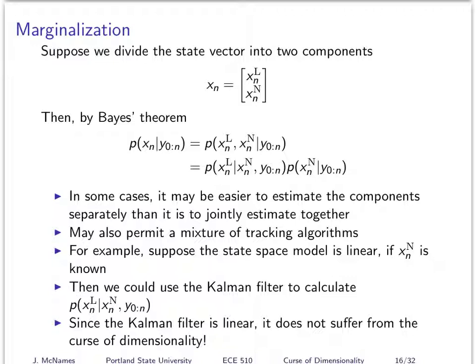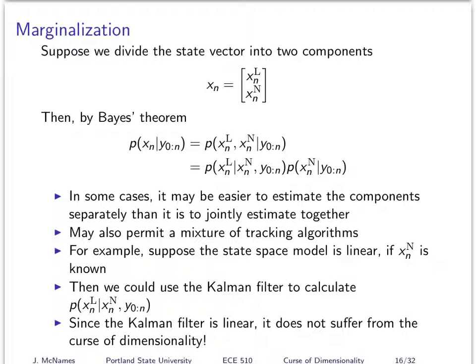If I apply Bayes' theorem to this joint probability, one way that I can factor it is as the posterior of the linear portion conditioned on knowing what the nonlinear portion is, times the marginal of just the nonlinear portion.